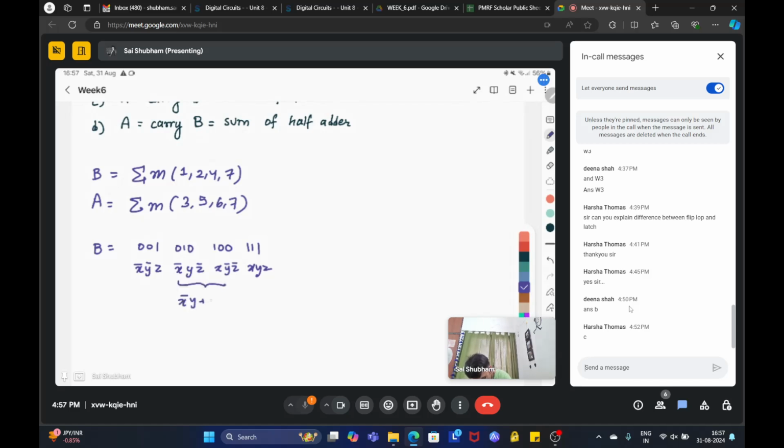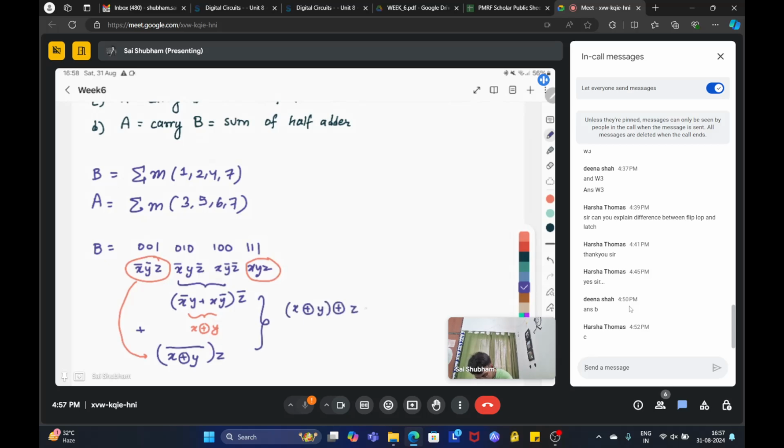It will be x bar y plus x y bar, times z bar, and we can club the other terms together. This is x XOR y, and if you club this together you will find that this will be x XOR y whole bar times z. So if you combine this, it will be x XOR y XOR z, which is basically your sum.